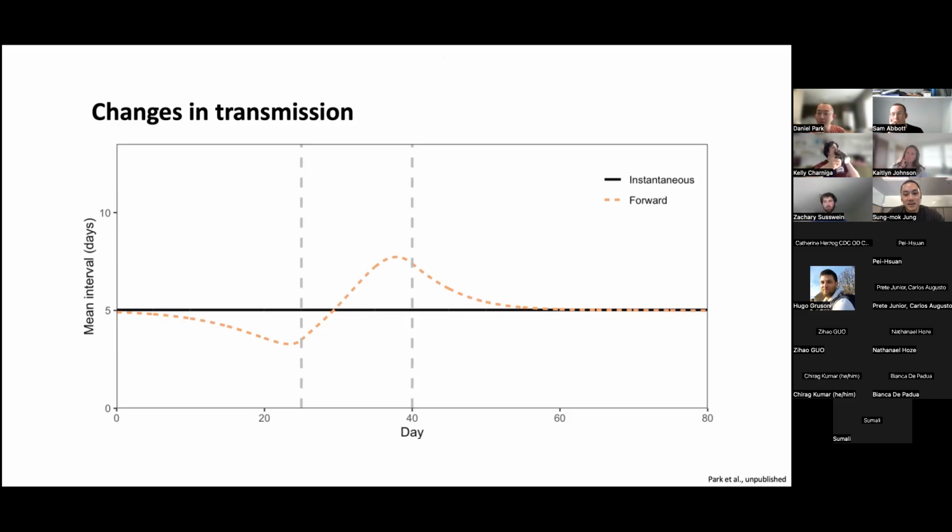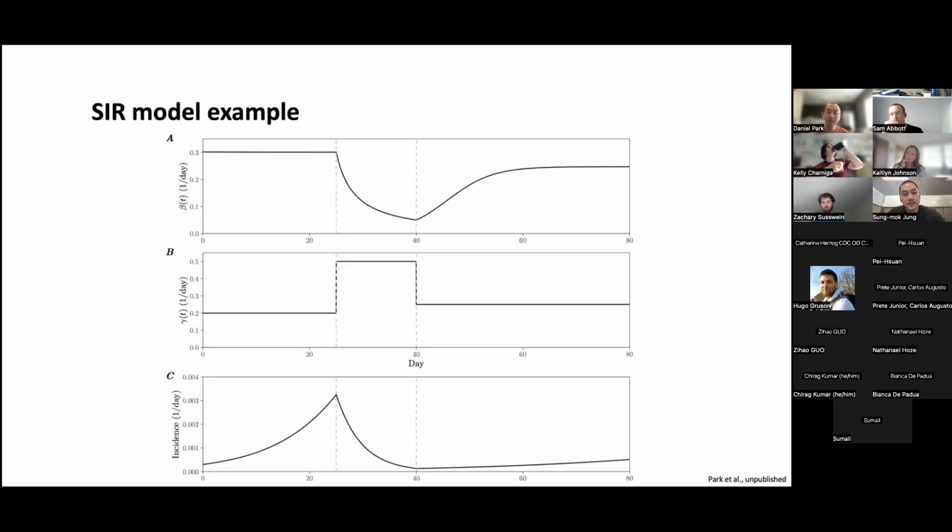Well, again, it depends on what factors are driving it. Risk awareness is going to have two different effects, right? Risk awareness could just mean people are reducing contact, which could be beta of t.